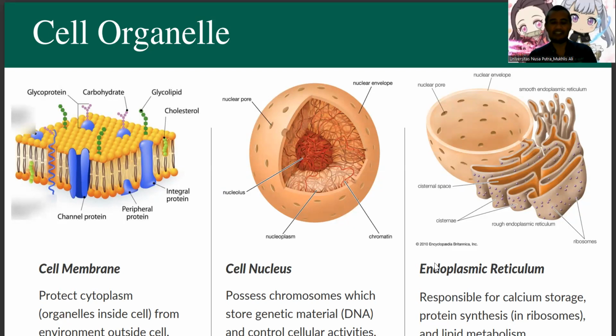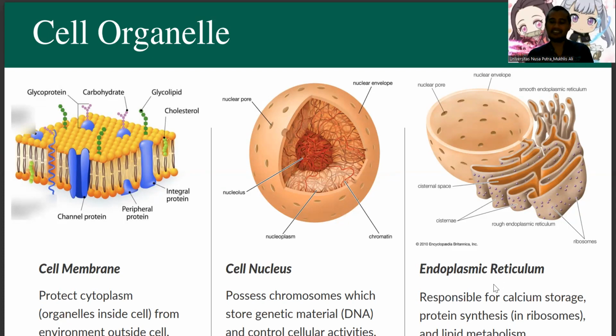The next one is the cell nucleus. If we talk about the cell nucleus, we must think of it like the brain of the cell, because the cell nucleus contains chromosomes which store genetic material, or we say DNA of the cell, and its function is to control all cellular activities.